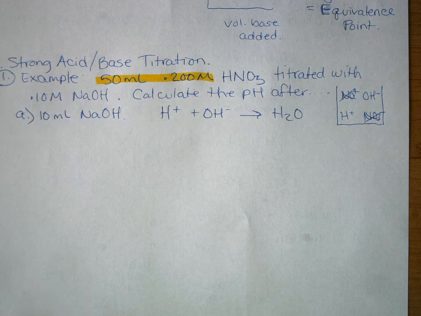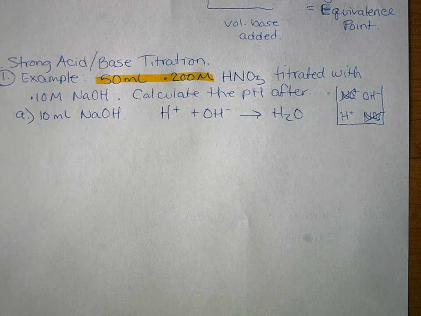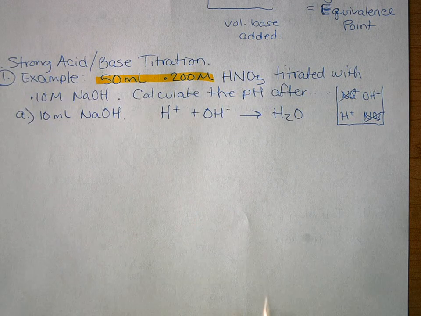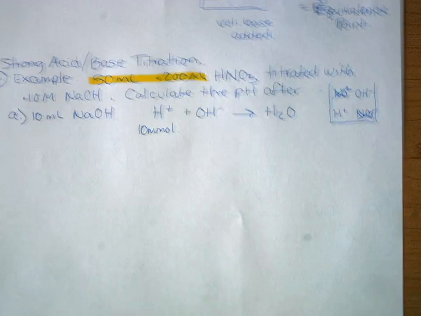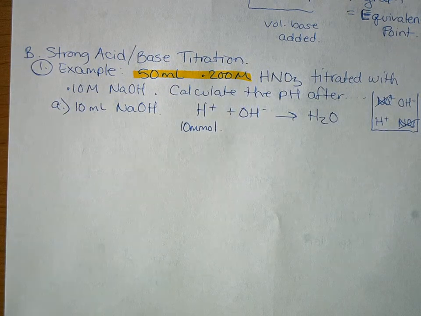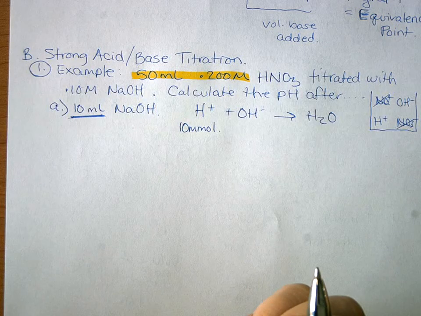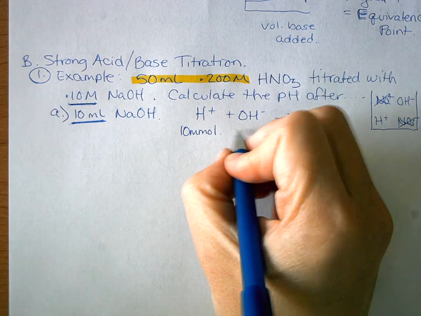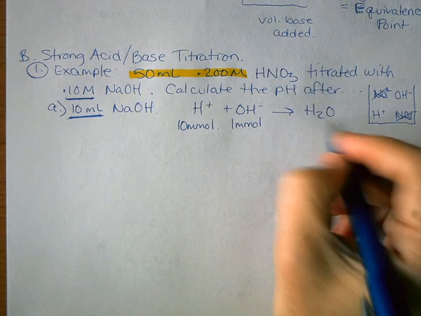So if I multiply 50 milliliters times 0.2, it's going to give me 10 millimoles, and that's going to be my starting number of millimoles of hydrogen. Now with hydroxide, if I'm only adding 10 milliliters of it, and it's 0.1 molar, 10 times 0.1 gives me 1 millimole. Okay, and I'd have 0 of this to begin with.